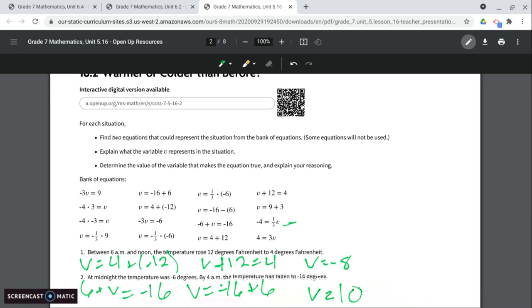So v is going to equal 10. So we subtracted 10, or added negative 10 degrees to get down there. So it represents how much the change is, how much it had to drop.